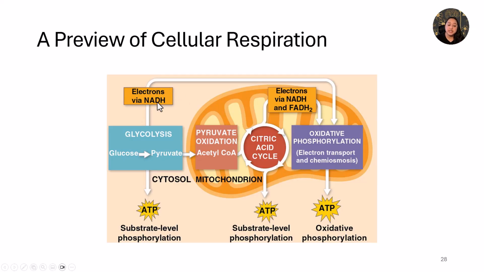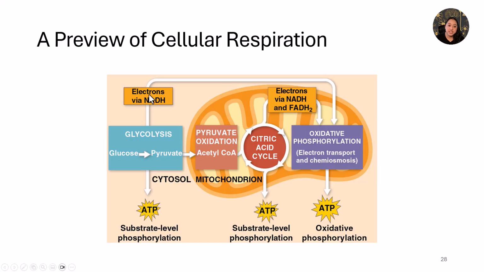And there are boxes here too for the electrons via that molecule NADH. So some electrons get put on to NAD plus here, and then they're carried on forward into this last stage. And then the same here, some electrons are shoved onto NADH and this other molecule that does the same thing, an electron carrier called FADH2.